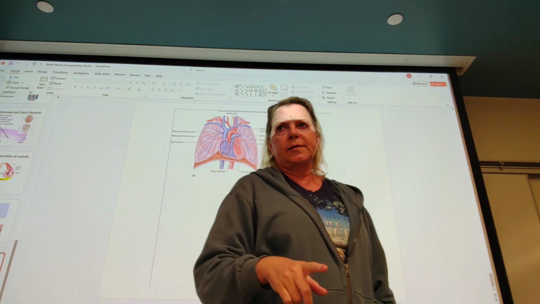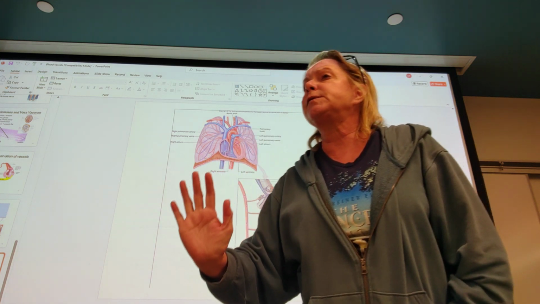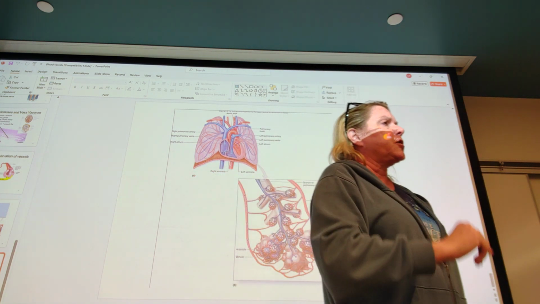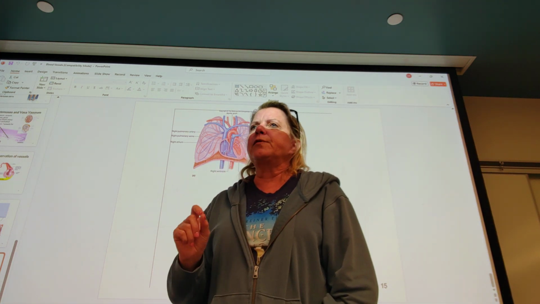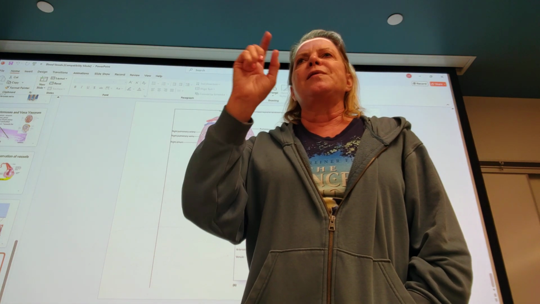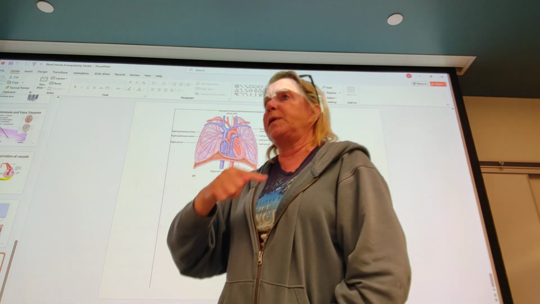If you want blood to flow from the ventricle, let's just pick the left side of the heart, left ventricle into the aorta, the ventricle must generate a greater pressure than the blood that's already there in the aorta from the previous beat.